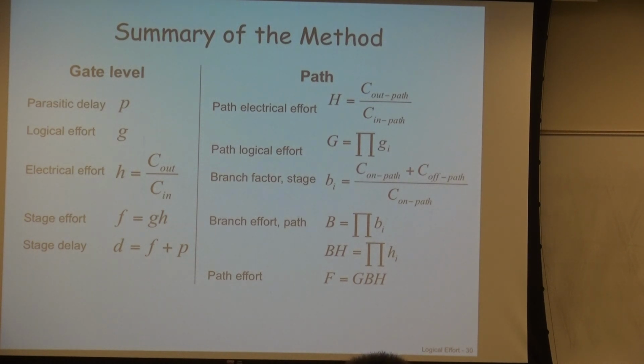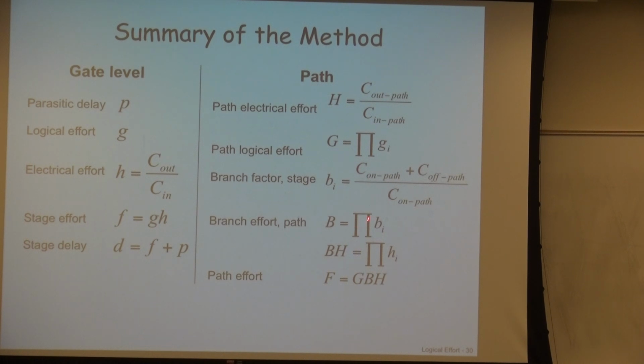Now, we have gone through this. I just want to recapitulate that there are two things: one is the gate level, another is the path level. At the gate level, we use the gate logical effort, gate parasitic delay, and C out over C in of the gate, then the delay is given by this.